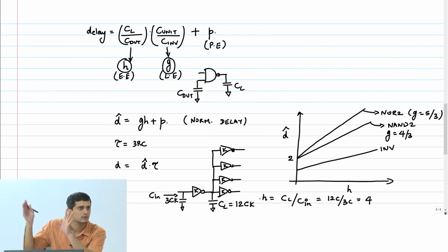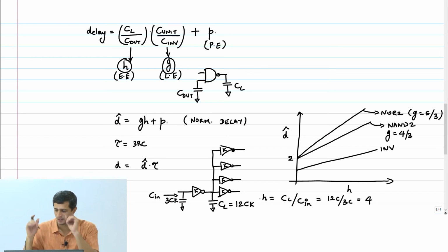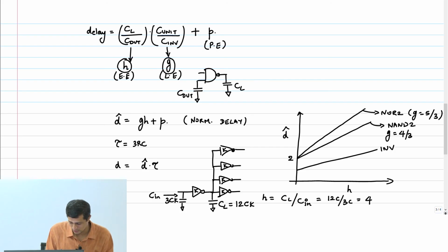Other things are just constant irrespective of the gate size. So if you write this, you will find that the H will be 12kC by 3kC, that's again equal to 4. So it doesn't matter, if I tell you fan out of 4 delay in a technology, it doesn't matter what the size of the inverter was.